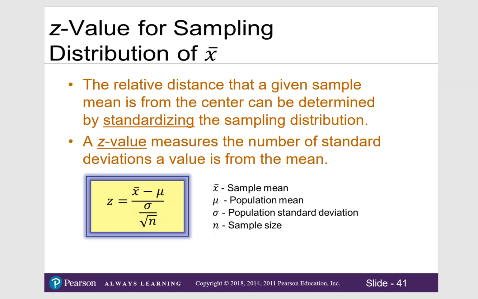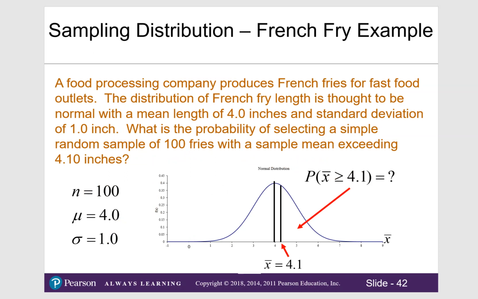So it changes things. In particular, for example, if I'm looking at some French fries, and you're looking for operation consistency with your production of products, you're interested in what we call quality control.